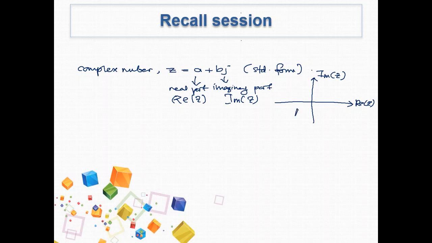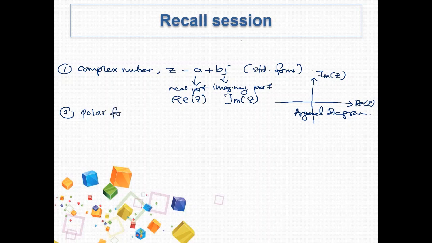So this is called the Argand diagram. This is the first form of writing a complex number.